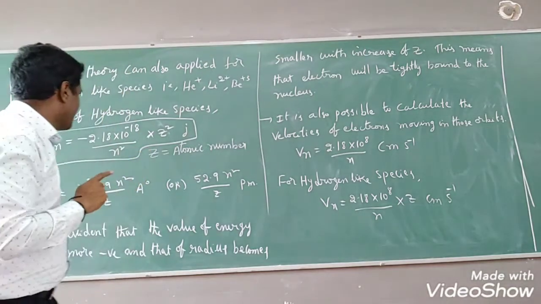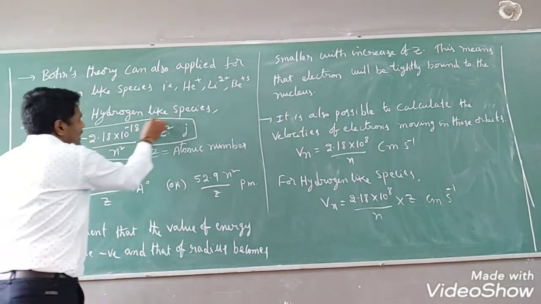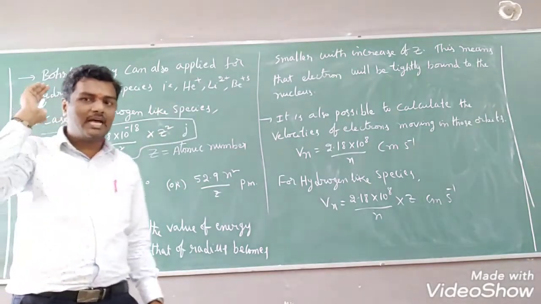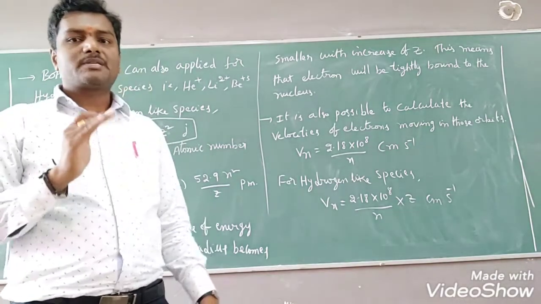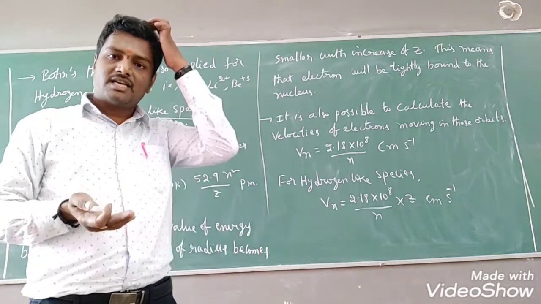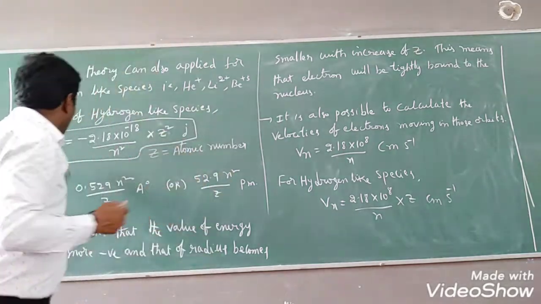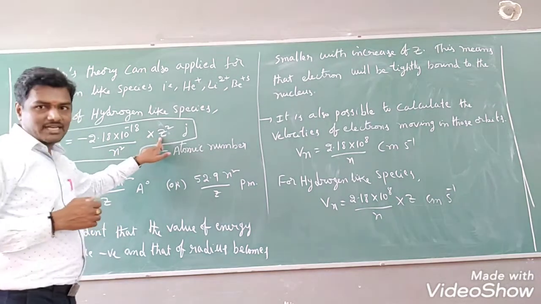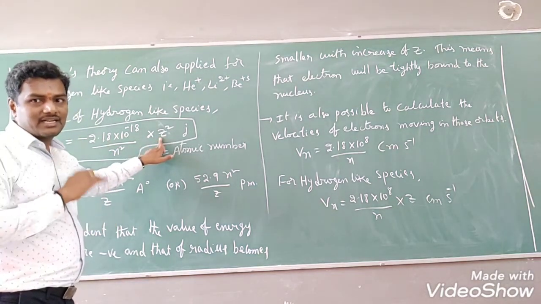We have to keep that in our mind. That's why he changed the expression for hydrogen-like species, multiplying the whole expression with Z square. Then he succeeded.